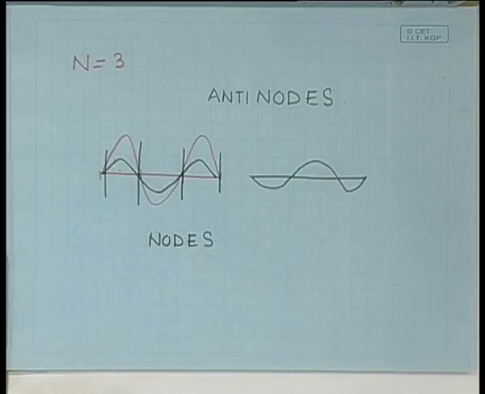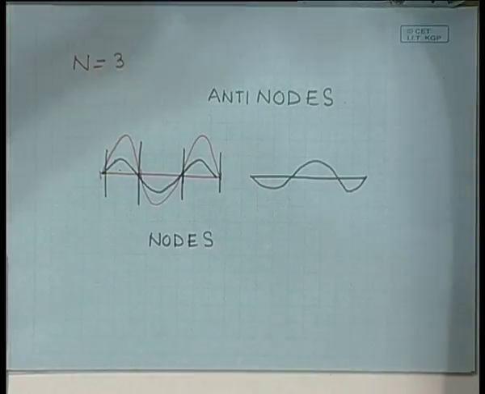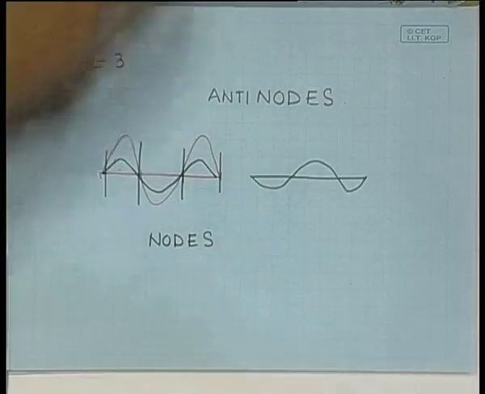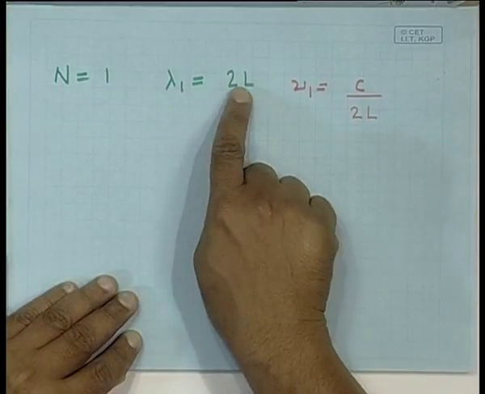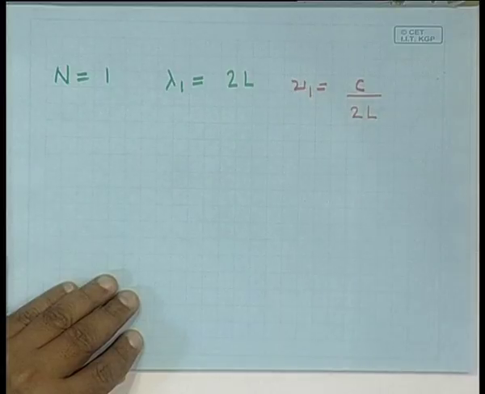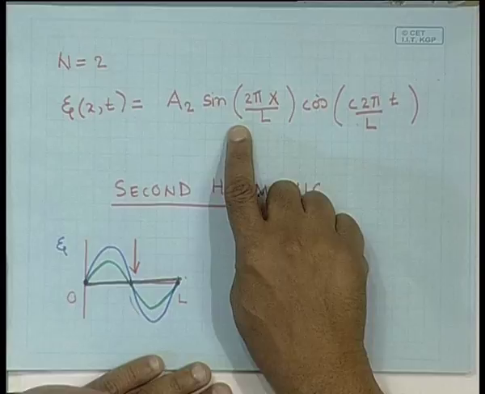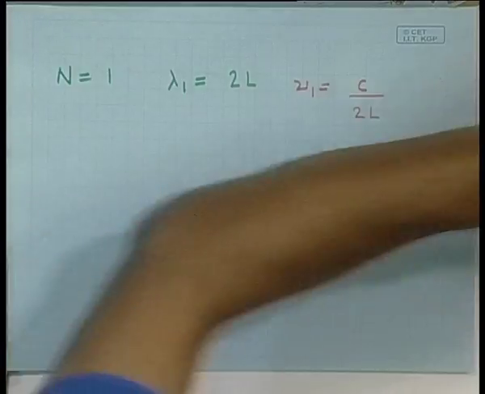Let us also ask the question how the wavelength of the vibration changes as I vary n. So, we have already seen that for n equal to 1, the wavelength is 2L and the frequency is c by 2L. Let us now look at the situation where n equal to 2, or we could just use this over here.